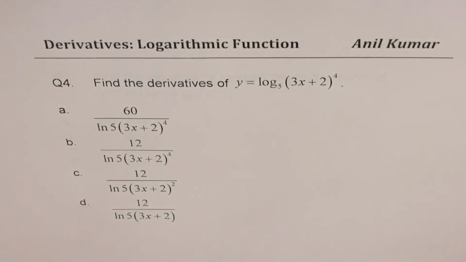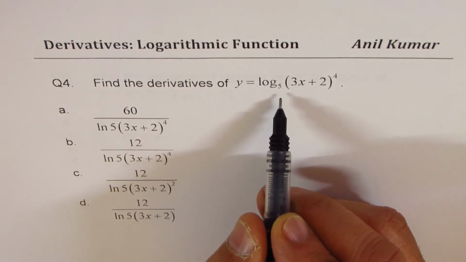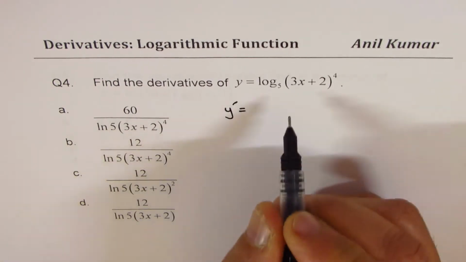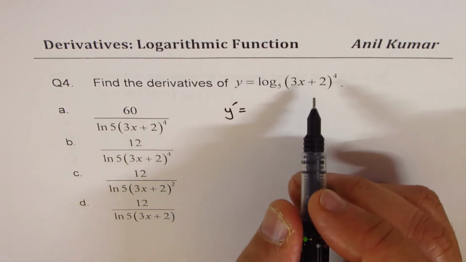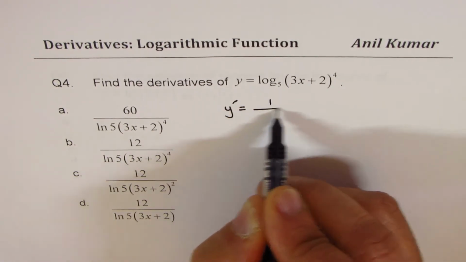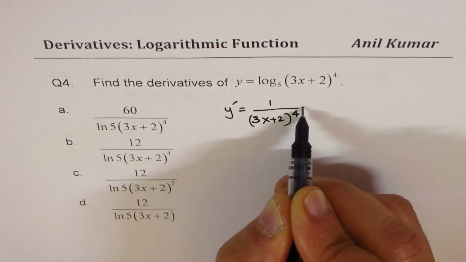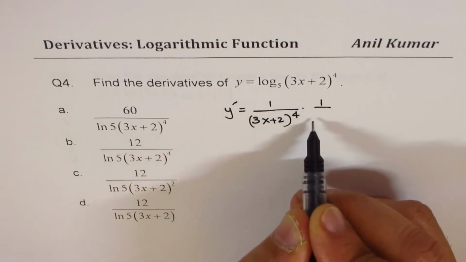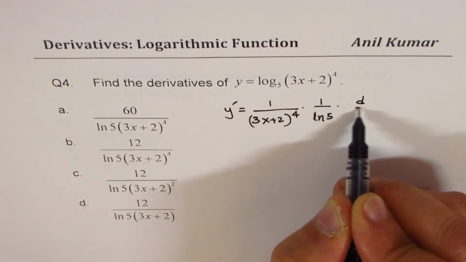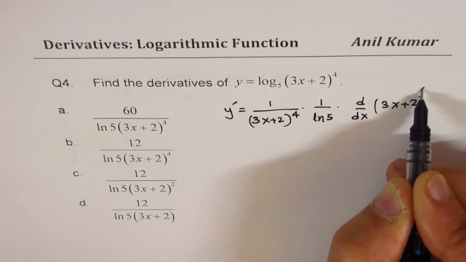Question number 4 here is, find the derivative of y equals log to the base 5 of (3x plus 2) to the power of 4. So we'll write the derivative of this function as 1 over the function itself, which is (3x plus 2) to the power of 4, times 1 over ln 5, times the derivative of the inside function, which is d/dx of (3x plus 2) to the power of 4.